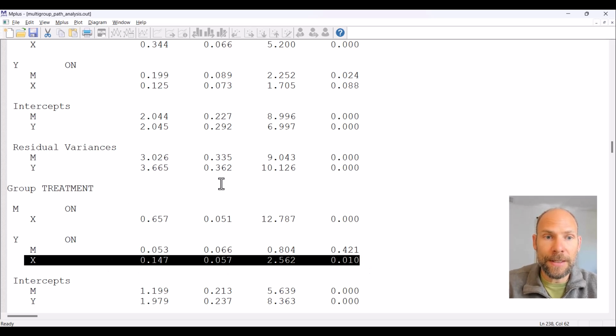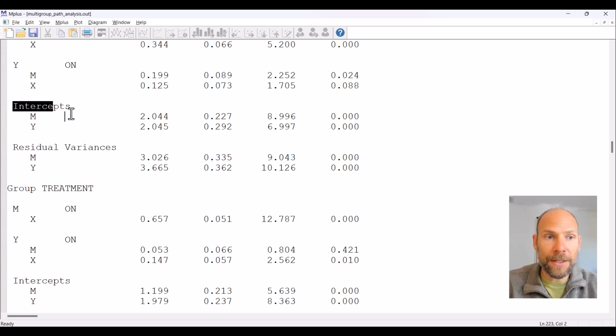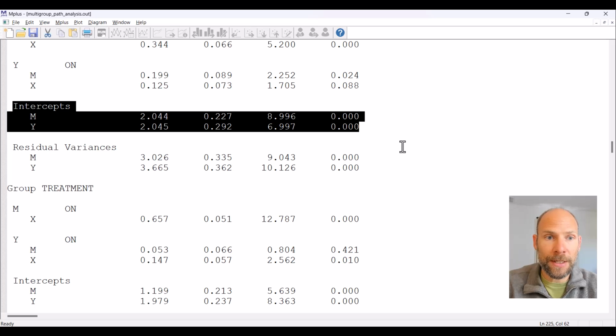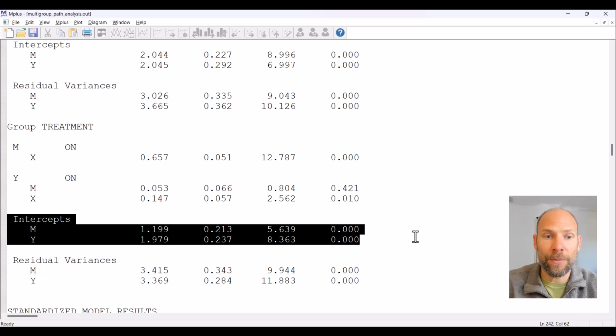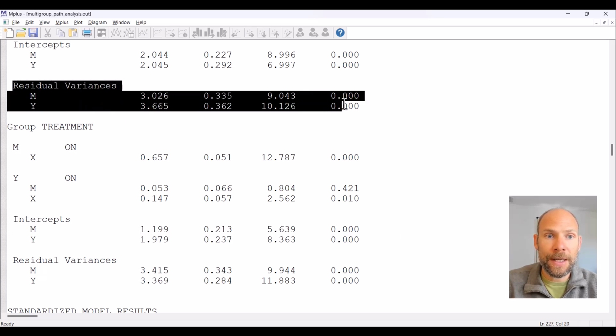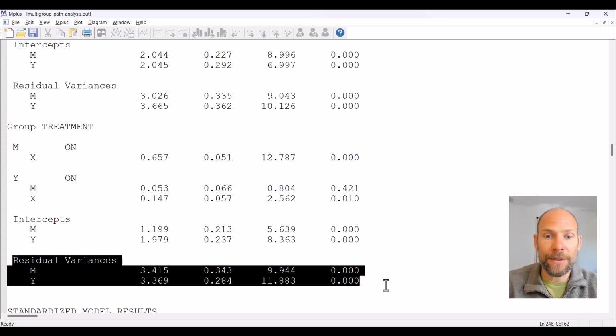So you can see that these can differ across groups, and also the intercepts can be different for those two regressions. Here we have the intercepts for the control group, here we have the intercepts for the treatment group, and they are different, and so are the residual variances between control and treatment group. So in this default version of the output, everything can differ between the groups.